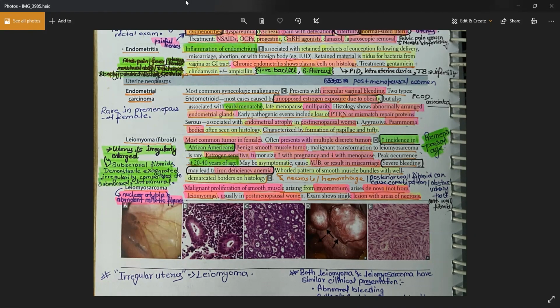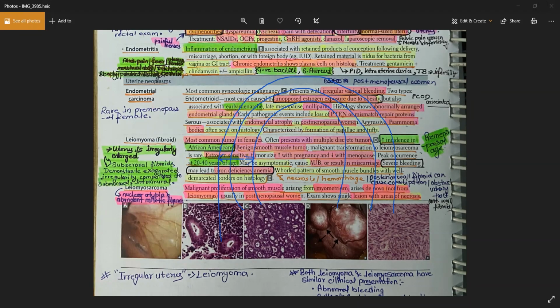So if I draw this, this is a uterus. This is the endometrium, and this is the serosa. This whole layer from here to here is your myometrium.